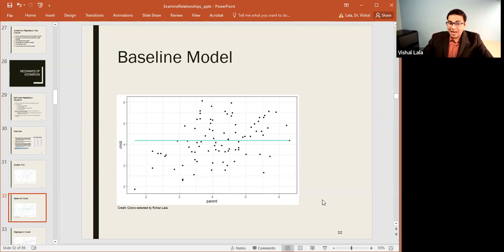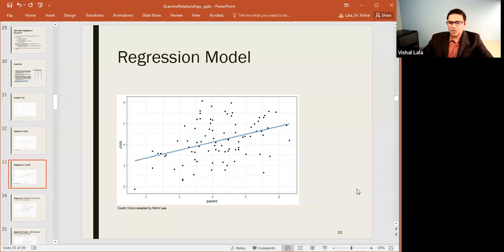Well, what we really have is, of course, the parents' deal proneness. Let's leverage that data. We can do so by constructing a regression model, which looks like this blue line. So this blue line represents, in a sense, the best of many possible lines that can go through these points.